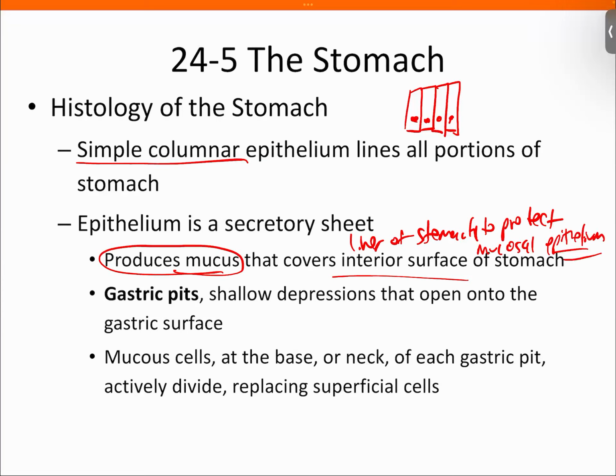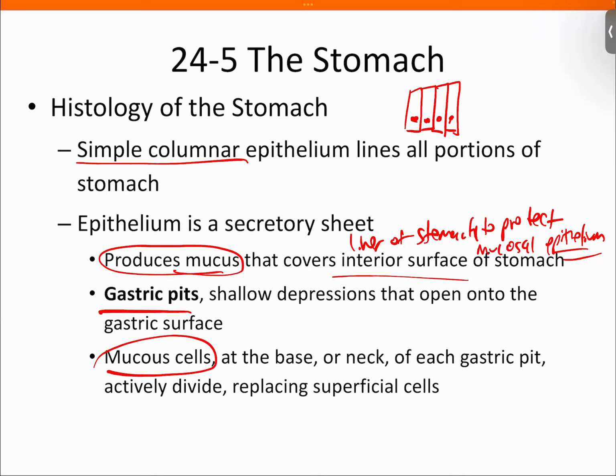Remember, acid will burn tissue, so you have to protect your stomach liner from the acid that is produced. And so you secrete this thick mucus as a protective barrier from that acid. The other thing is it creates gastric pits, which are basically these invaginations of the epithelial surface. And it's lined with cells.